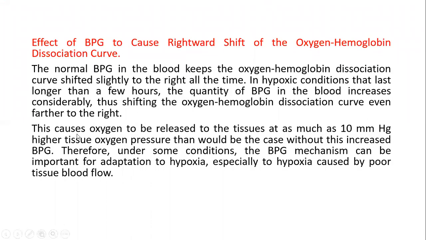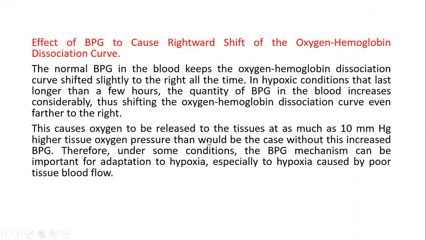Effect of BPG to cause rightward shift of oxygen dissociation curve. The normal BPG in the blood keeps the oxygen hemoglobin dissociation curve slightly shifted to the right at all times. In hypoxic conditions that last longer than a few hours, the quantity of BPG in the blood increases considerably, thus shifting the oxygen hemoglobin dissociation curve even farther to the right.